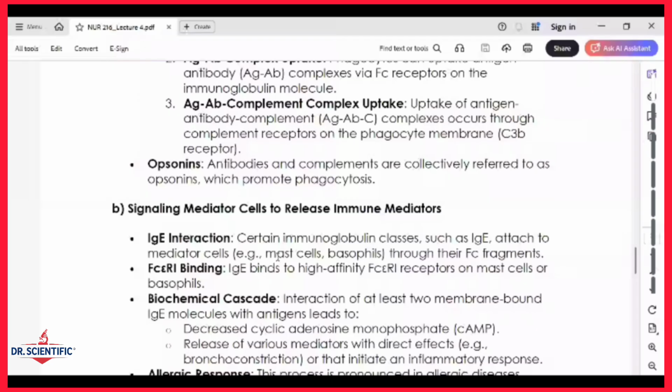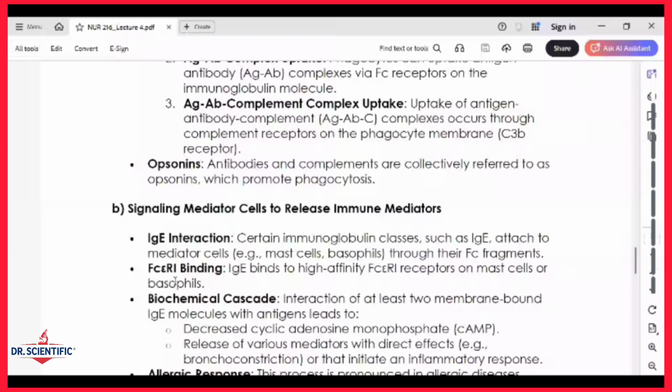Mast cells, of course, are a type of white blood cell. Basophils are also another type of white blood cell. Attachment is through the Fc fragment, and it is done by the Fc receptor 1, so it's called the Fc epsilon receptor 1 binding.